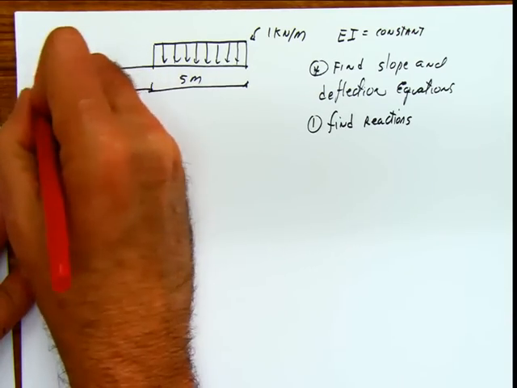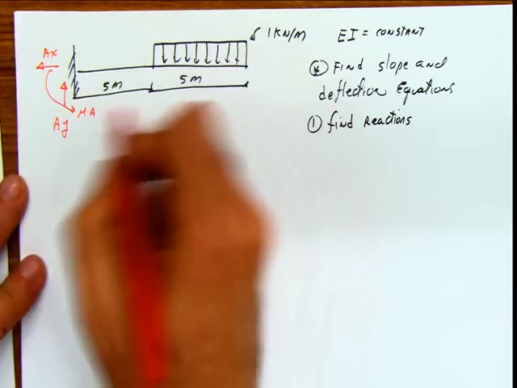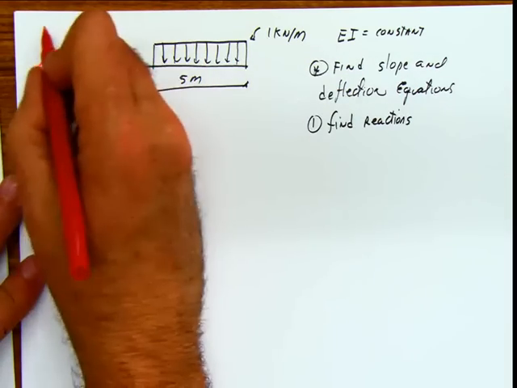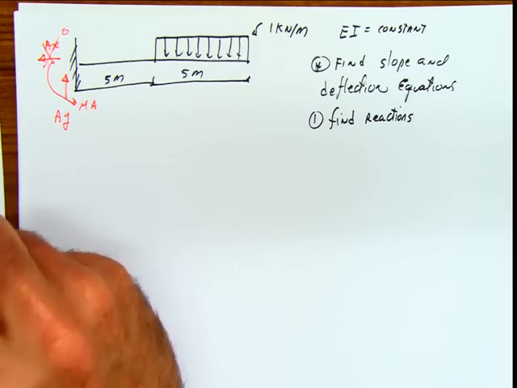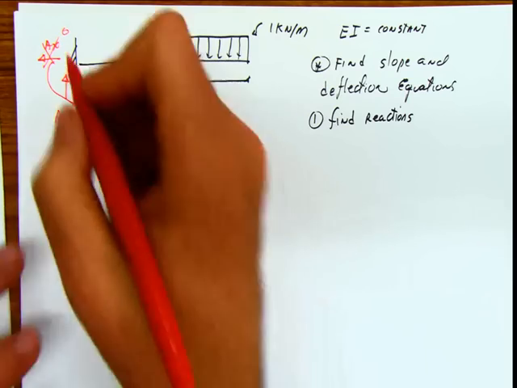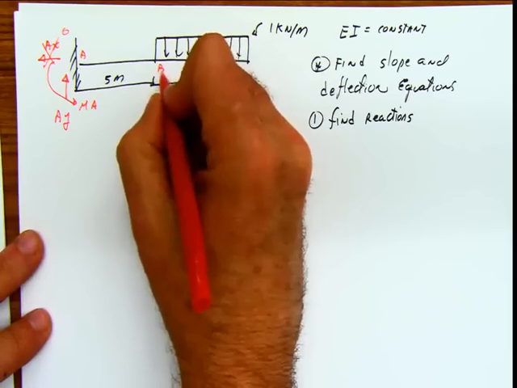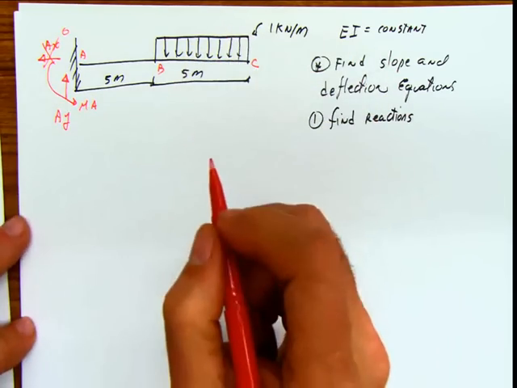And we also have AX, which we know is 0, because if we do summation of forces in X, there's nothing else acting in X. Let's call this point A, this point B, and this point C.